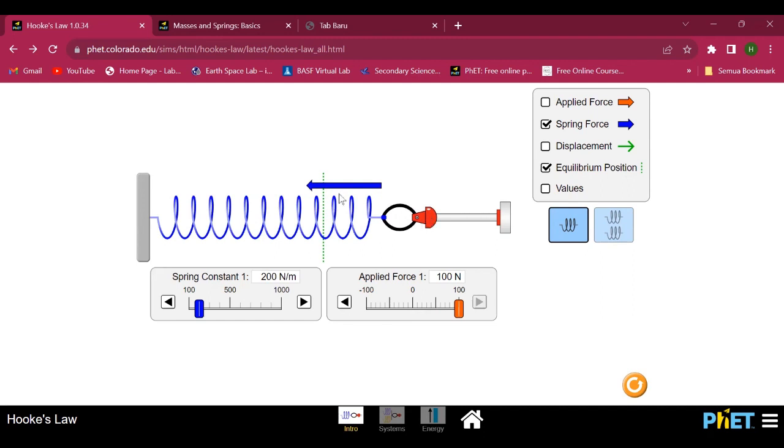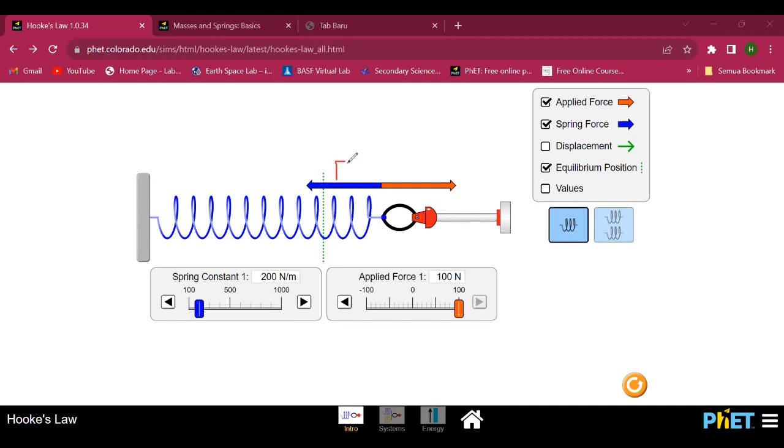When you pull the spring, look at these directions, opposite to the force when you pull the spring. When you pull, the direction is to the right side, and the direction of the restoring force is always opposite to your direction. This force we call the restoring force.